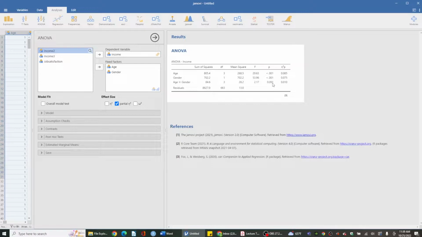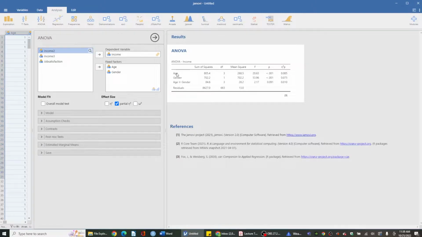It's above 0.05. So with that being said, we know that we have two significant main effects, and we know that they're responsible for a certain percentage of variation in the dependent variable.